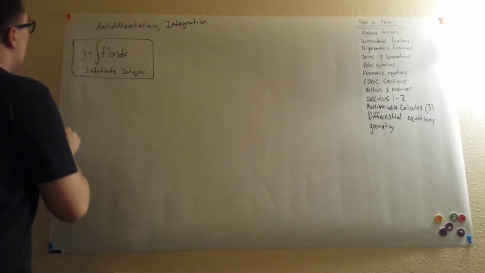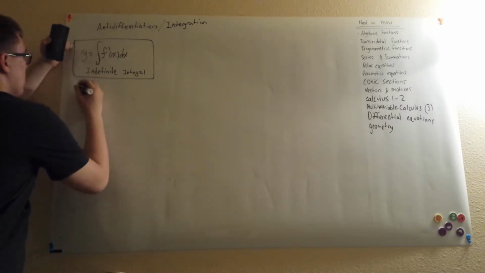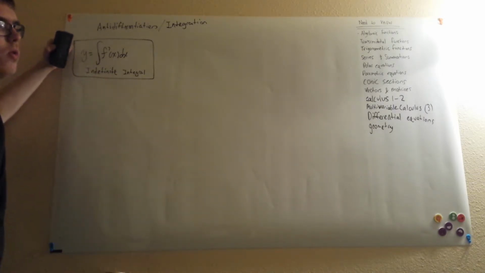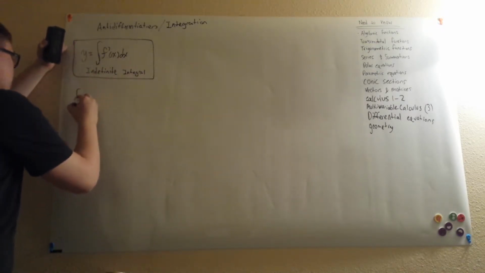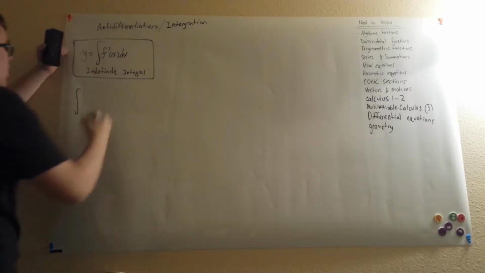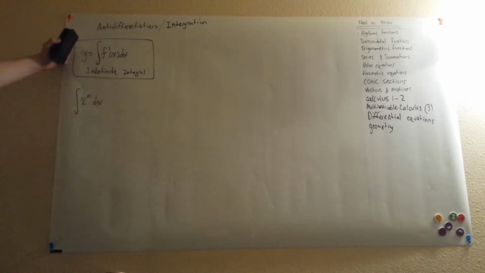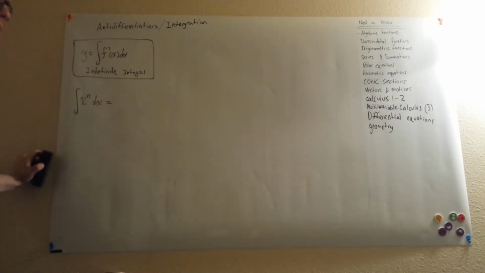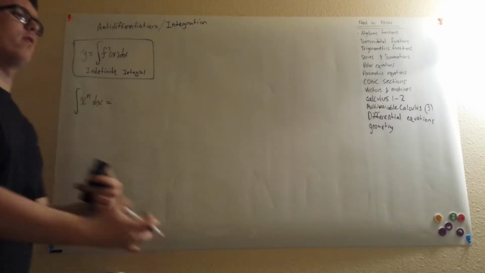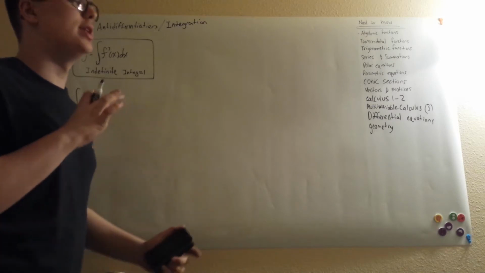Okay, so we know a power rule now, kind of. We know that if we take an integral of some x to the n power dx, that has to be kind of the reverse process of the power rule when we differentiate.